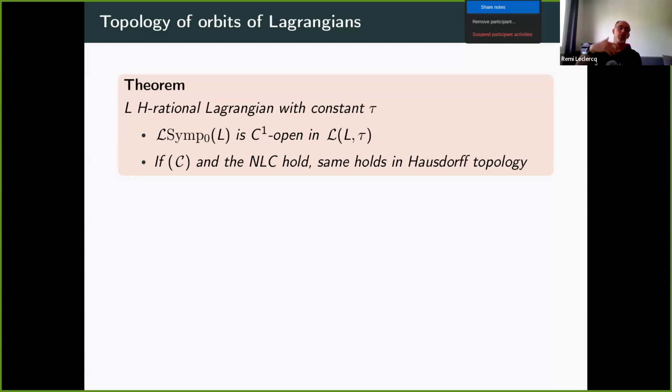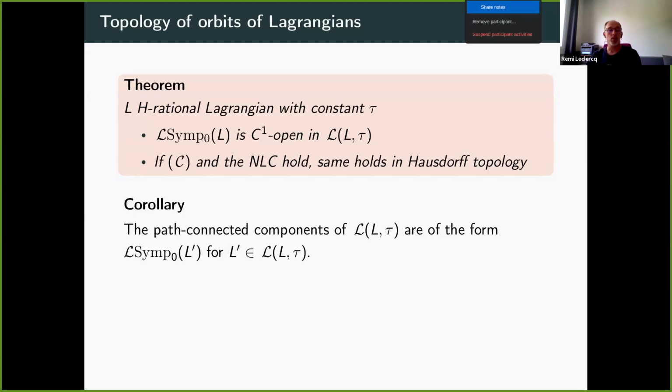Again, if you have the symplectic slash topological condition and you know the nearby Lagrangian conjecture holds, then the same holds in Hausdorff topology. What is quite nice is that this proves that the symplectic orbit is open and closed. And so you get that the path connected components of this set are of the form symplectic orbits of Lagrangians.